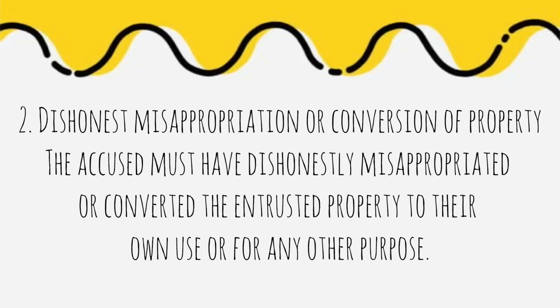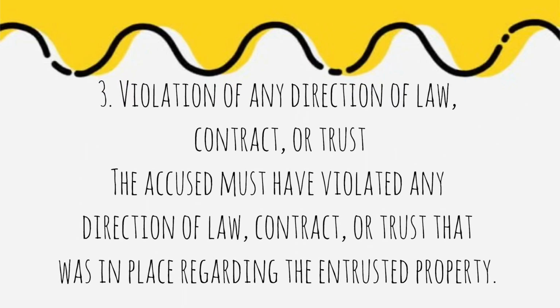Second, dishonest misappropriation or conversion of property. The accused must have dishonestly misappropriated or converted the entrusted property to their own use or for any other purpose. This means that the accused must have taken the property with the intention of using it for their own benefit or depriving the owner of its use.